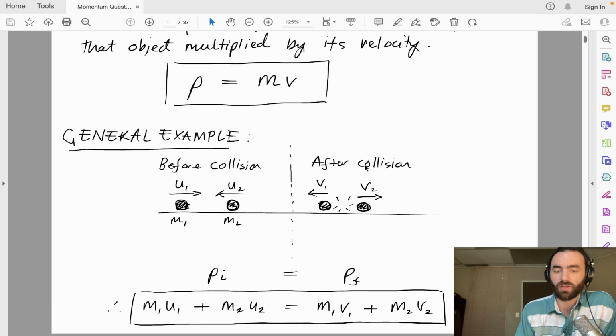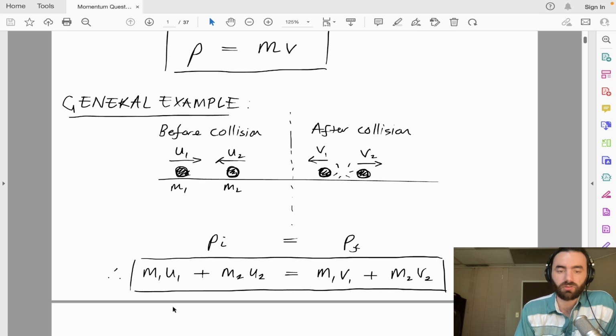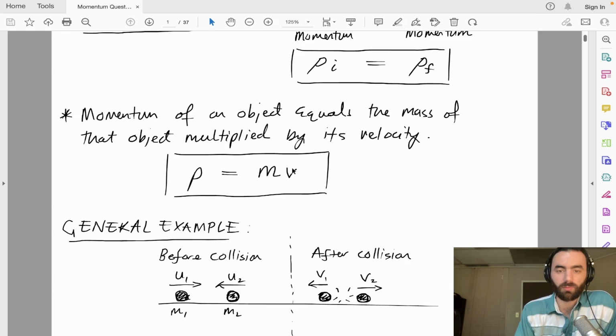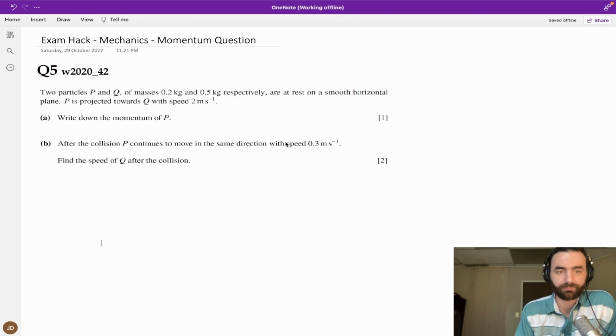I give a general example here so you can see. It's basically saying the momentum of the initial particles M1, M2 before the collision is equal to the momentum of the particles after the collision. Momentum is conserved. And that's all you need to know. Momentum is mass times velocity, and I'll show you exactly how we do that here. Let's do some questions.